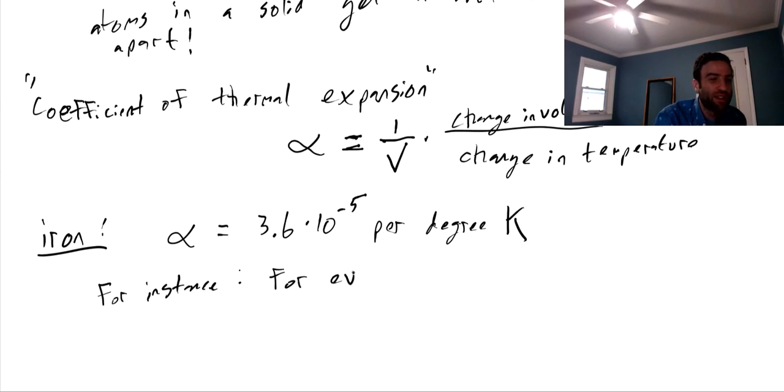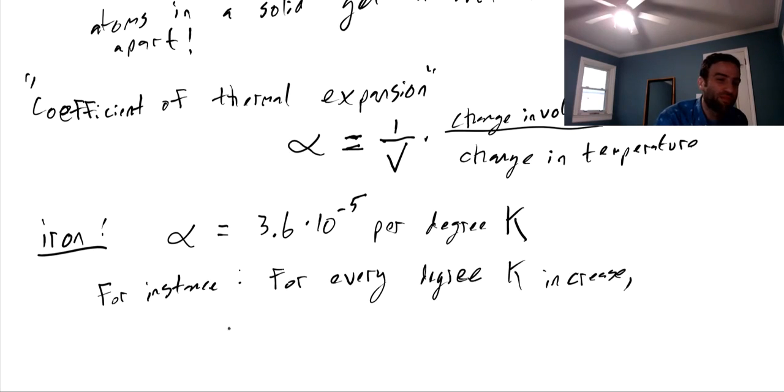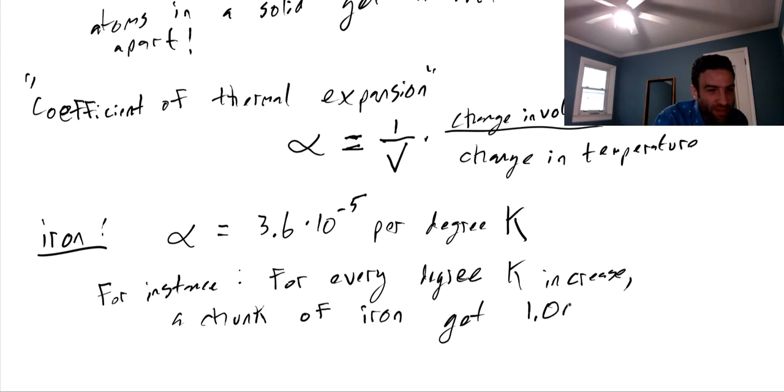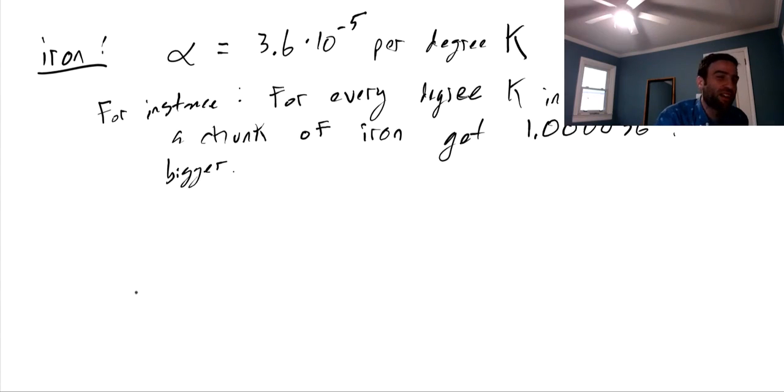So for every degree K increase, a chunk of iron gets this much bigger, a tiny bit bigger. If I just multiply this number by 50 degrees, just so that I don't have to write as many zeros, 5 times this is 0.18.